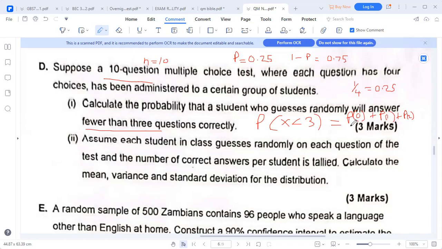No. It says fewer than 3. We already explained how to calculate the probability of 0.